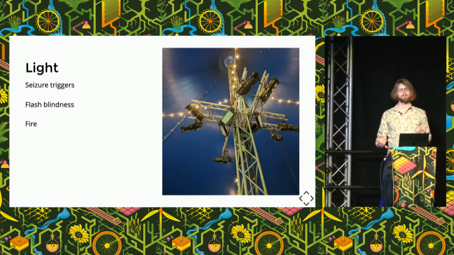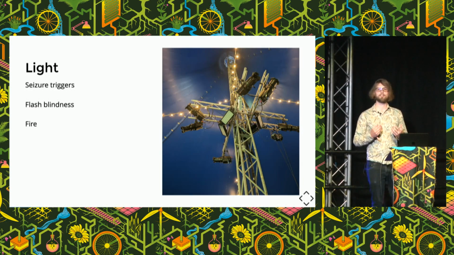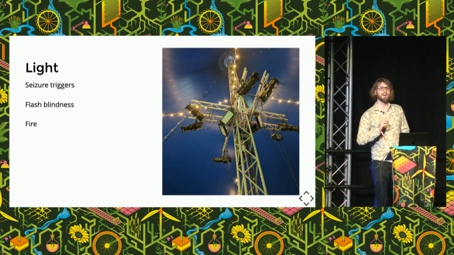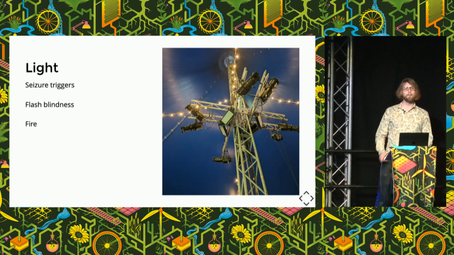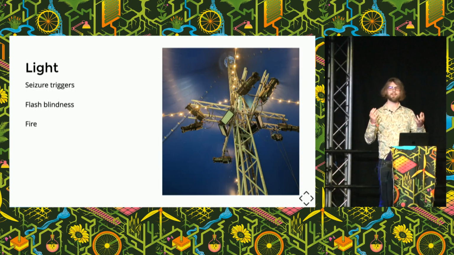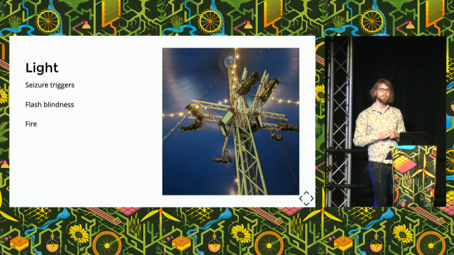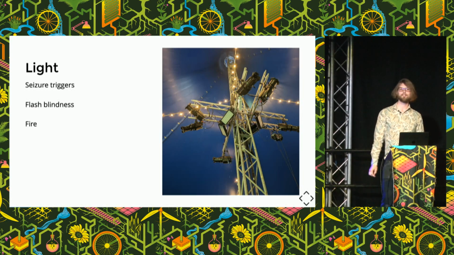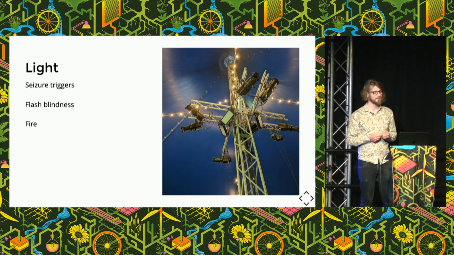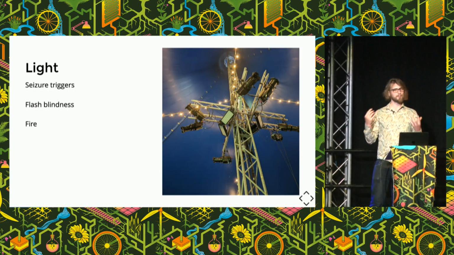Obviously the lights here are very bright. I'm experiencing this myself right now, looking into the crowd, in that if you have a bright enough light in front of you, you can't see what's going on, and this is bad for emergency situations, and it can make people panic. It can make evacuating an area much more difficult if the lights are shining in people's eyes.